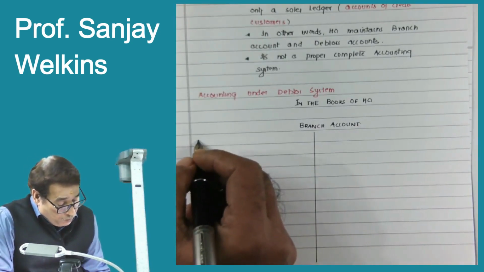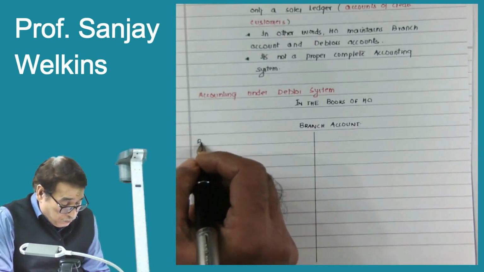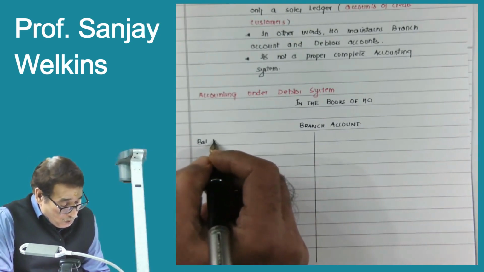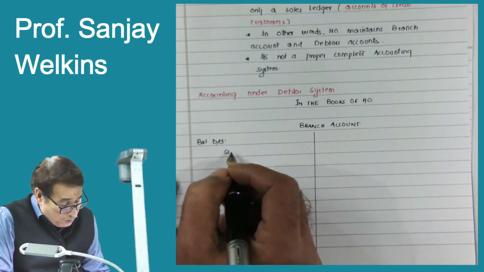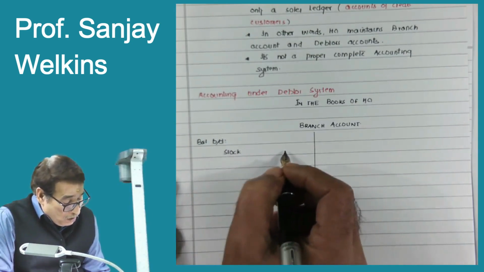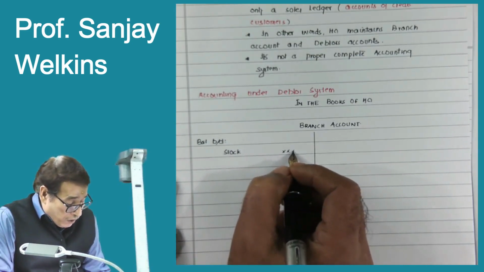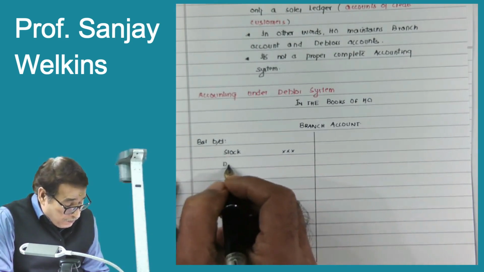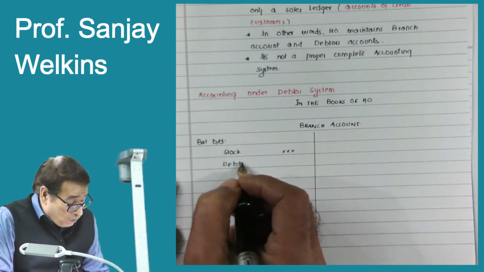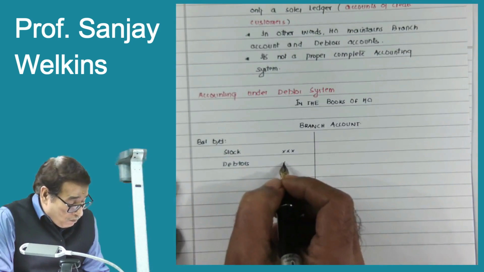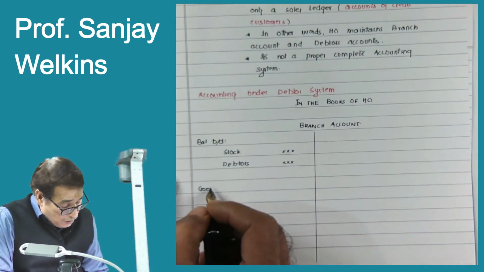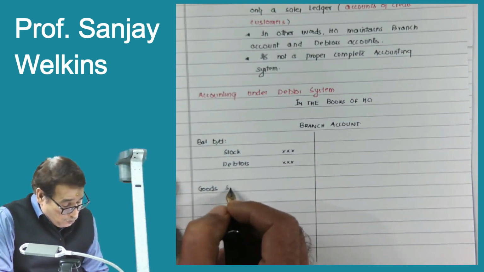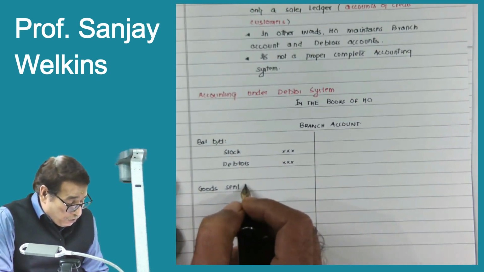First you write the format. Balances brought down: stock, debtors. A simple format I am providing. To goods sent to branch account.